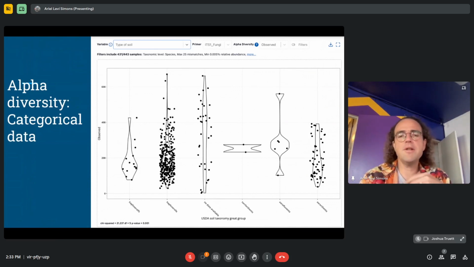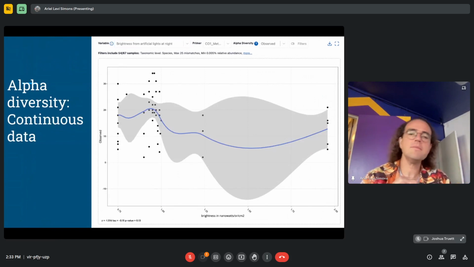Now what does it look like when we're dealing with continuous data? This is another example, looking at animal diversity versus artificial light at night brightness. Further to the right, the brighter it is. This is what it looks like with continuous data.